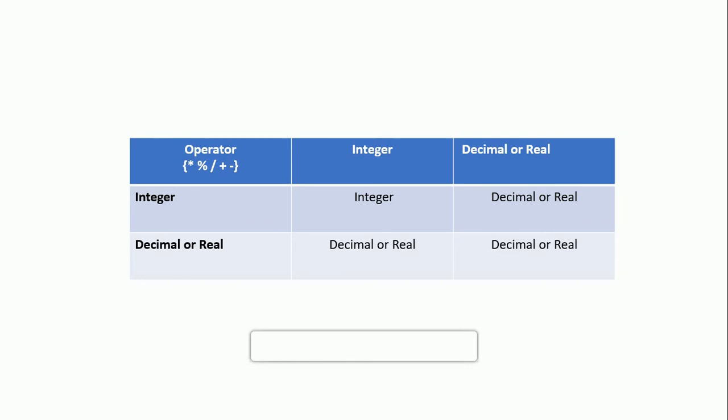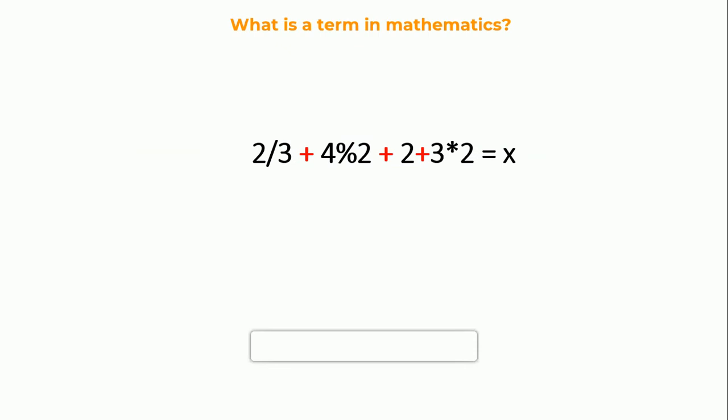So if it's going to get you 3.5, in programming, when we are doing this integer division, we don't care about the 0.5. You will find how to get it in due time. But for now, this is the table that governs our rules. When we talk about a decimal or a real number, it's any number that has this floating point in them. Okay. Right, let's come back to this slide.